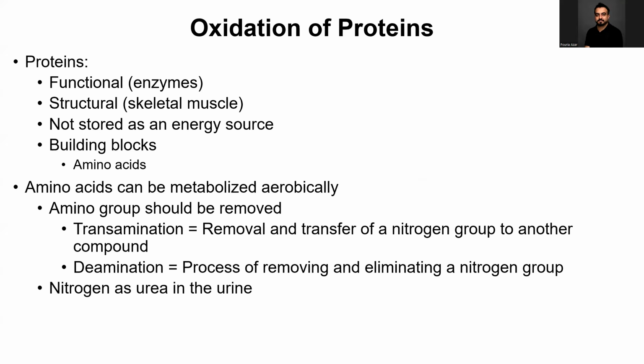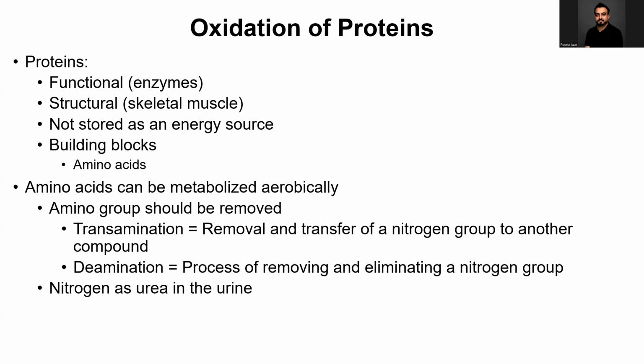In transamination, it's the removal and transfer of a nitrogen group to another compound. In deamination, it's the process of removing and eliminating a nitrogen group. That's the difference between these two processes.